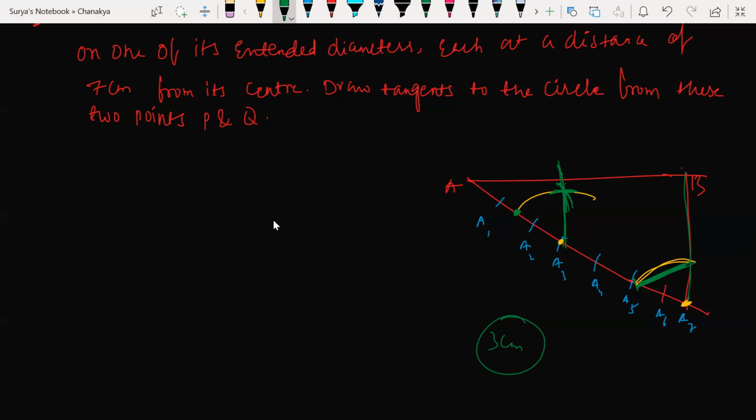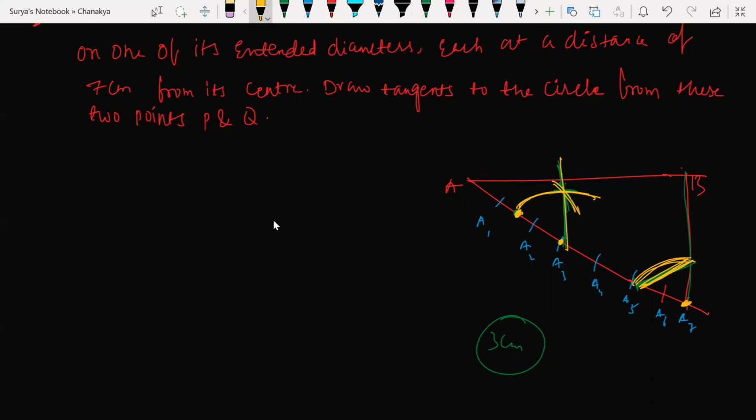Parallel lines, it could be any length. Take a reasonable length, draw an arc. Take a point here, draw an arc, measure this length, take that compass here, draw an arc like this, again draw an arc here like this, join that. That is parallel line. Hope it is clear.